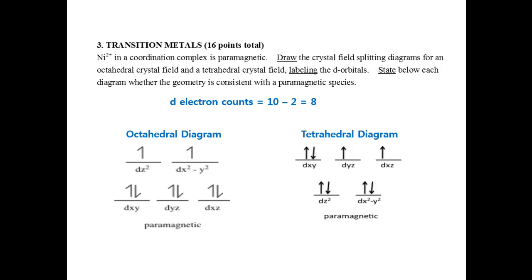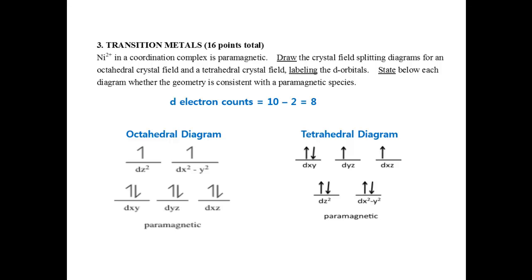This is the same regardless of whether the ligand is strong field or weak field. And for the tetrahedral diagram, you know that the EG level is lower in energy, so you have a crystal field splitting diagram as shown here. And for both cases, you can explain the presence of paramagnetic species.